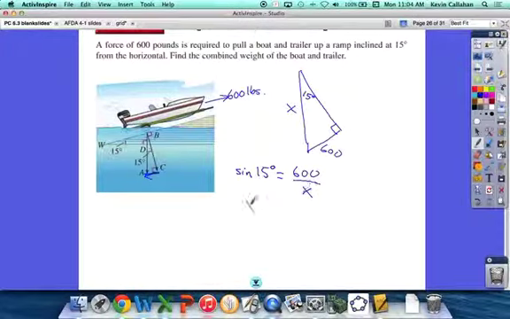So x equals 600 divided by the sine of 15. Just put that in the calculator. It comes to 2,318.22 pounds.